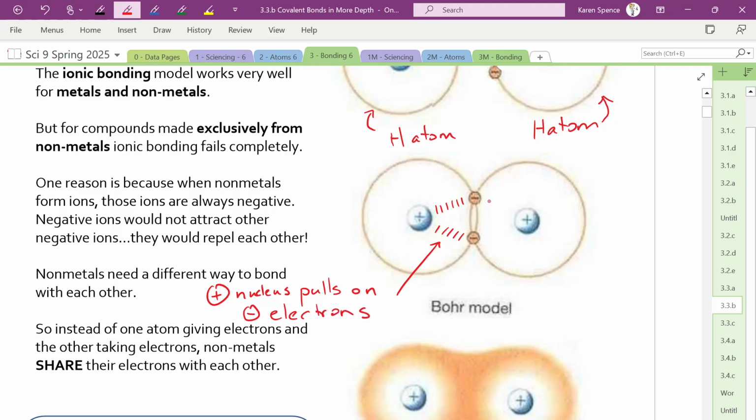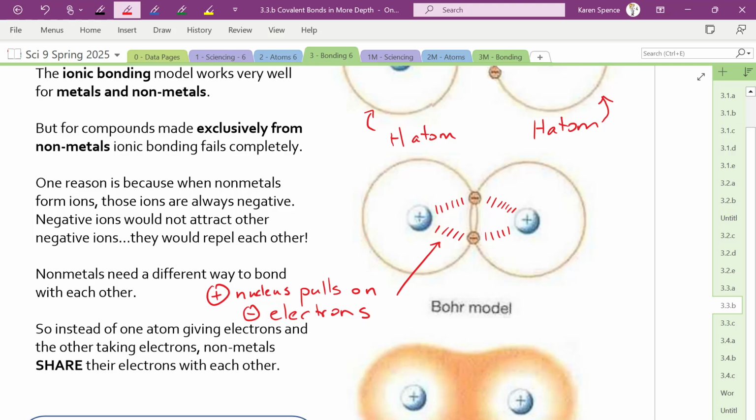And on the other side, the same thing happens. That positive nucleus pulls on the negative electrons, just like all of you were pulling on the pens, and the other person was also pulling on the pens. The reason that they share rather than give and take is because they are both just as good at pulling on electrons as each other.